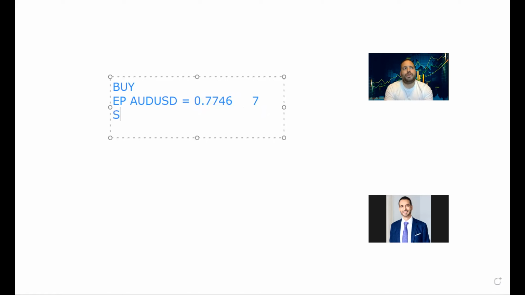So let's imagine, guys, that I want to have a 15 pip stop loss on AUD USD. What should my stop loss be? So this is the full price, okay? What should my stop loss be if I want to use a 15 pip stop loss on AUD USD? Could you put your answers in the chat, please?